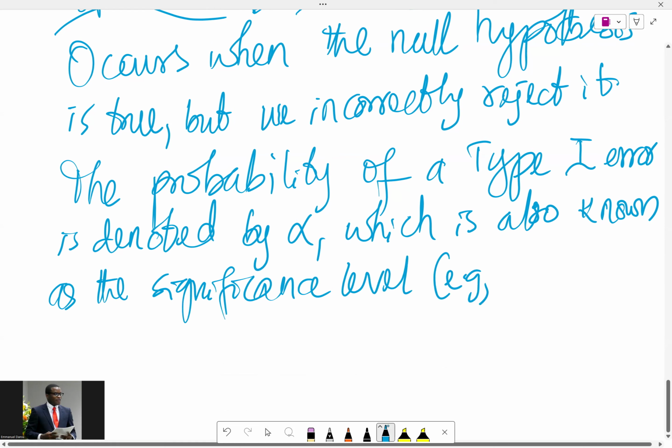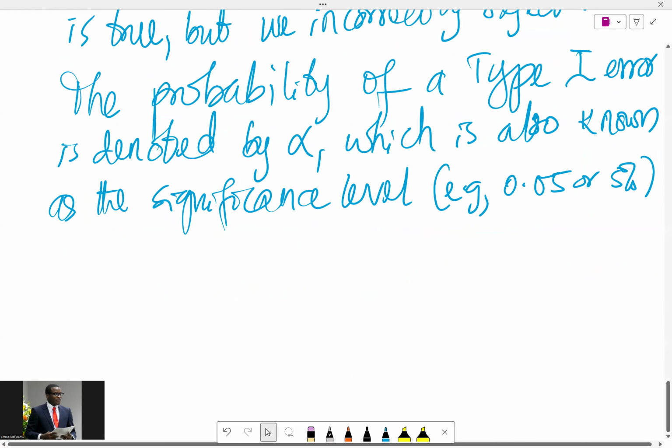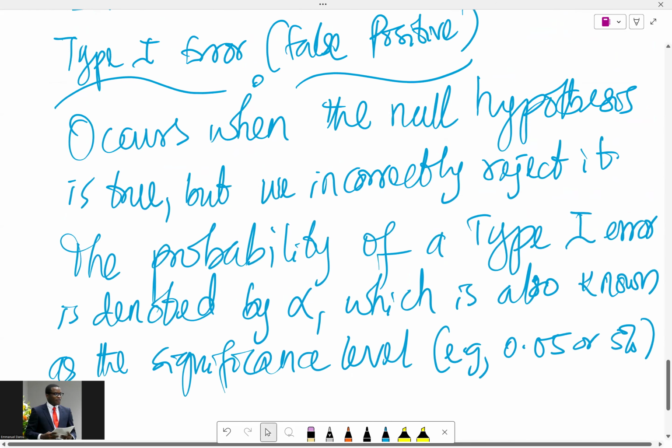The most common significance levels used are 0.05 or 5%. 1% is also used. So the higher the accuracy, the lower the significance level should be. So that's about type 1 error.